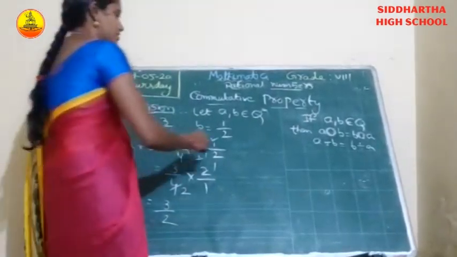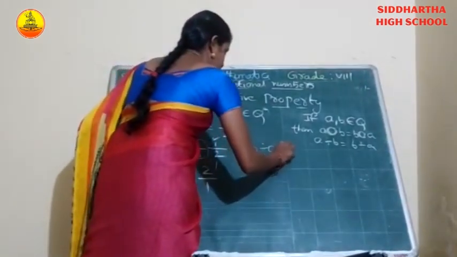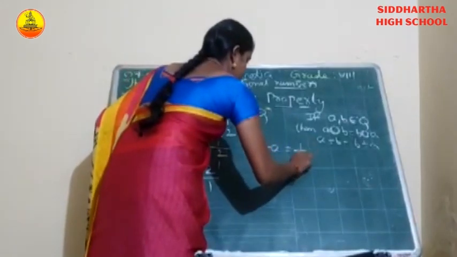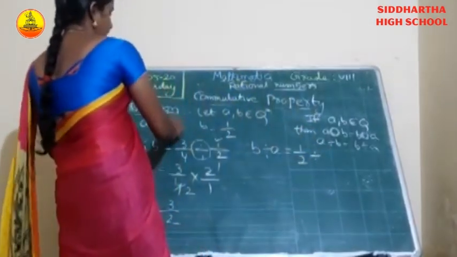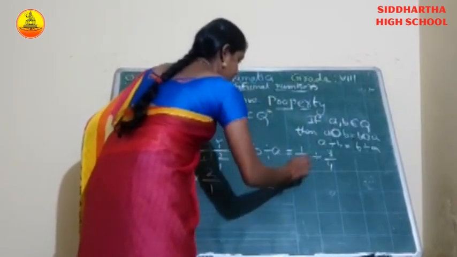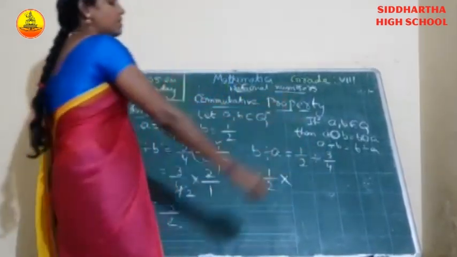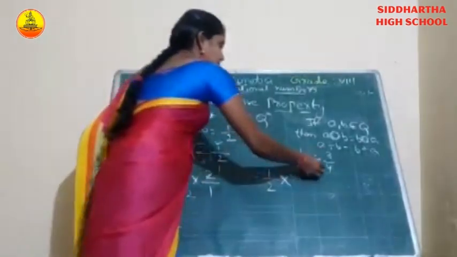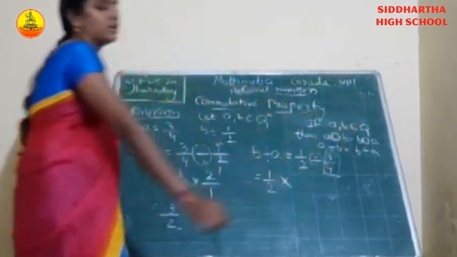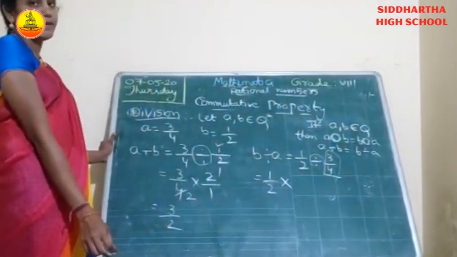Now we have to take B divided by A. What is the value of B here? 1 by 2 divided by, what is the value of A? 3 by 4. Again, the division symbol changes into the multiplication symbol. The second number becomes its reciprocal. What is the reciprocal of 3 by 4?